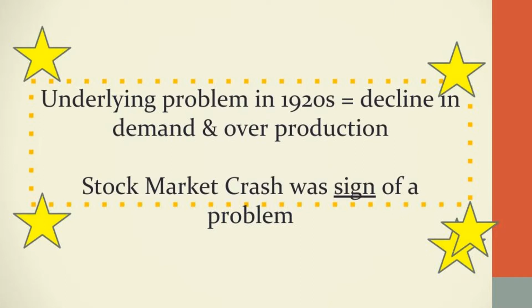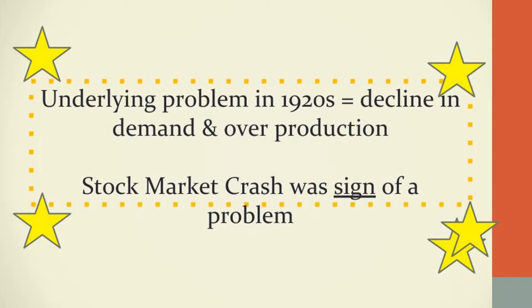So after talking about all of this, we realized that the underlying problem in the 1920s was a decline in demand. Remember, we had overproduced. So you had a decline in demand and overproduction. And all of this were signs that were going to lead up to the stock market crash. And the stock market crash was a sign of this problem.